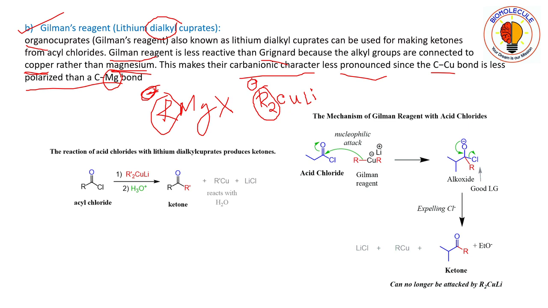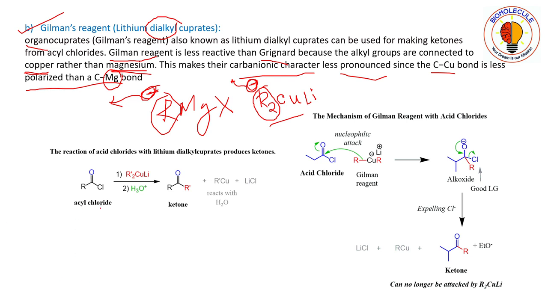Okay. Grignard reagent's alkyl group has much higher density, so it will simply go and attack, that is, it is strong, whereas in Gilman reagent the alkyl group has much less electron density compared to Grignard, so it is a milder reagent. Okay, so it is less reactive than Grignard reagent.